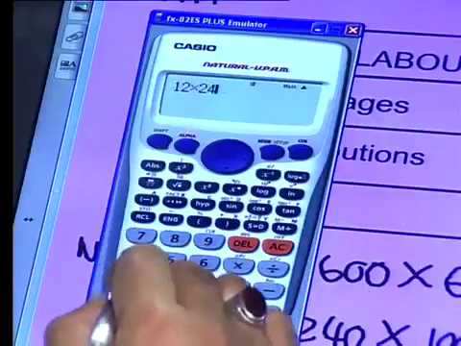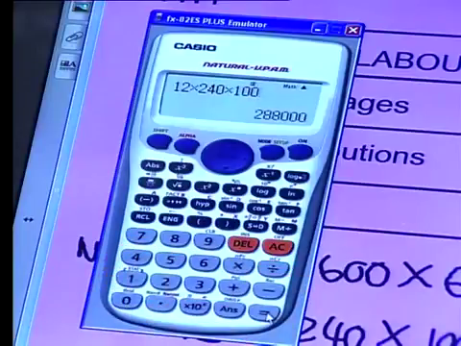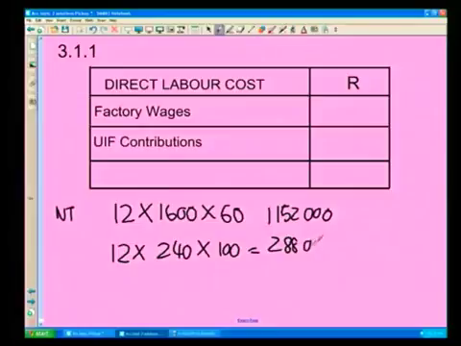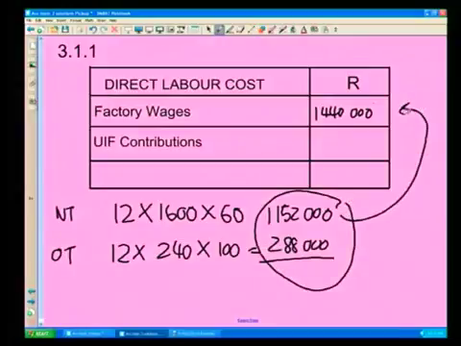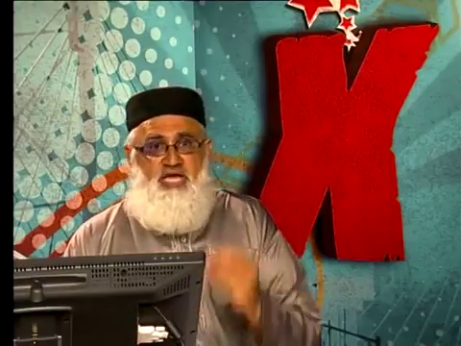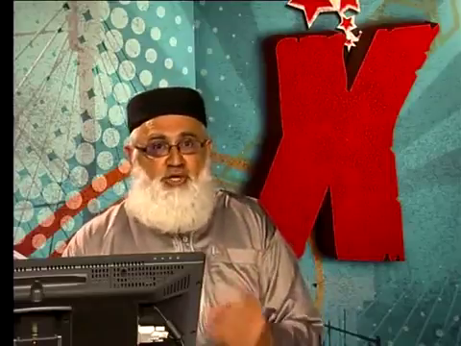Let's do that calculation: 12 workers times 240 times 100 gives 288,000. Immediately I now add my normal time plus my overtime, and if I add that together, I'm going to get a figure of 1,440,000.